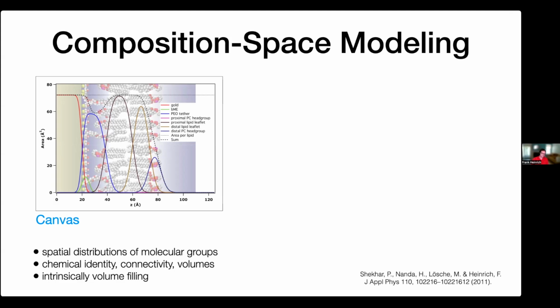So you have much more information or many more assumptions that you can use at the beginning of your modeling, which on the other hand also means, of course, that you need to know already more about your structure to use composition space modeling. So if you're not certain that you have, let's say here, a lipid bilayer that you want to model, then you shouldn't use such a more constrained model and should go back to other models.